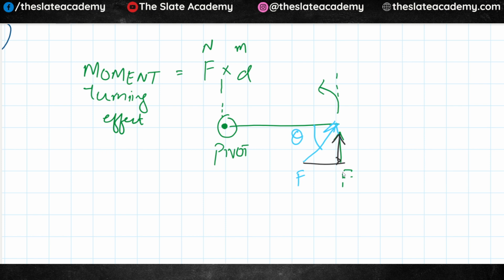Only the vertical component of the force would create moment, the horizontal component won't. So we have Fx, the horizontal component, and Fy, the vertical component. This angle over here would also be theta. Using the rules for a right angle triangle, sine theta is equal to Fy divided by F, so the perpendicular component would be F sine theta.